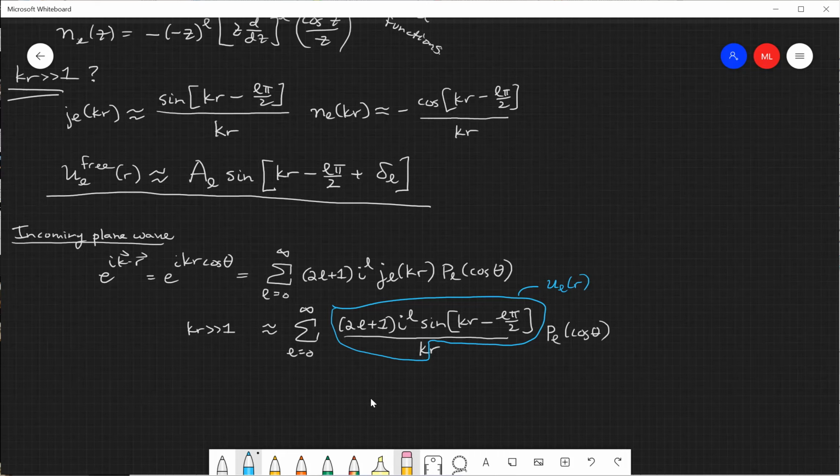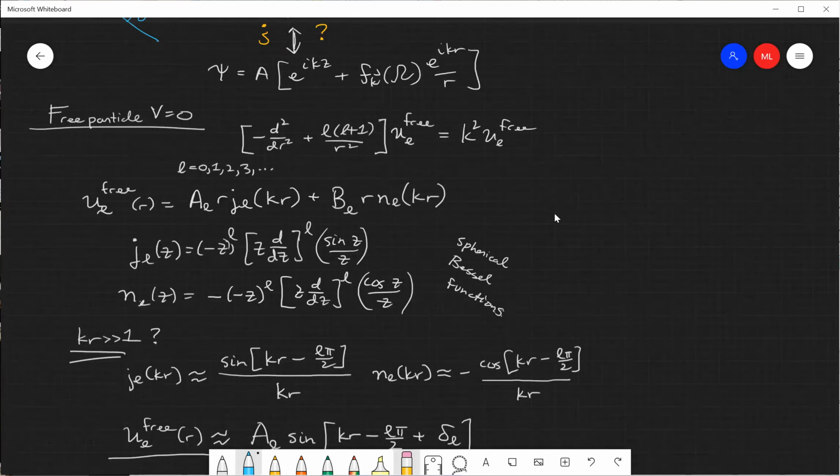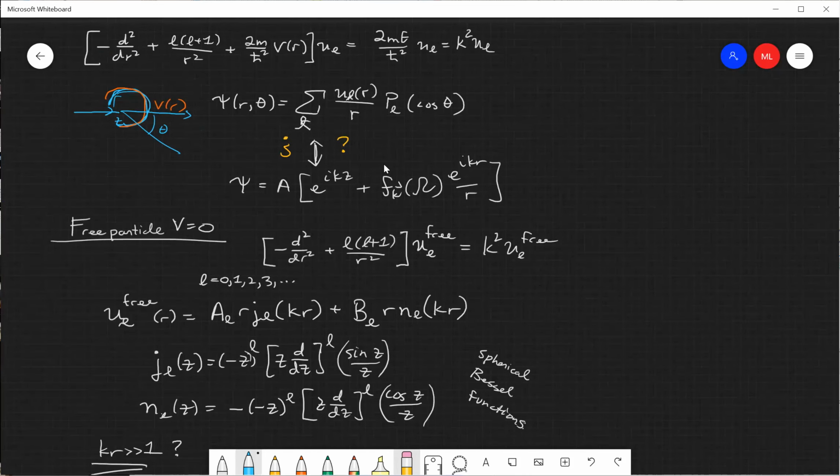So, let's see, what else? Now we've identified the plane wave part, and we want to do a little more work to figure out, in terms of solutions to the Schrodinger equation, how you get this F portion.